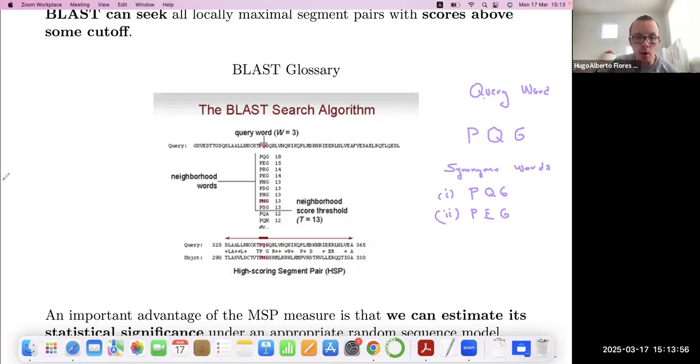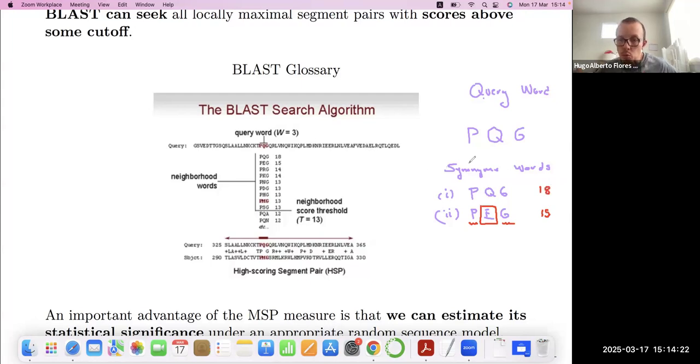So right now, I have two identities here, that is P and G, and the only one that is not equal is E. So I compute again the score, and as you may see, the score is 15. So here the score is 15. Here the score was 18.